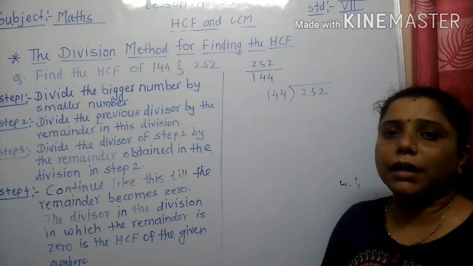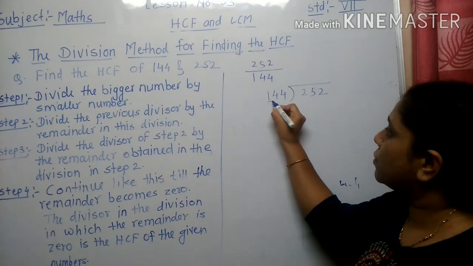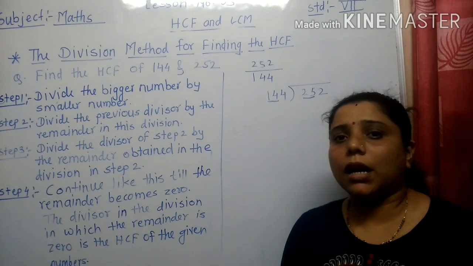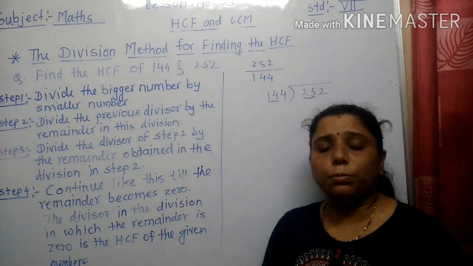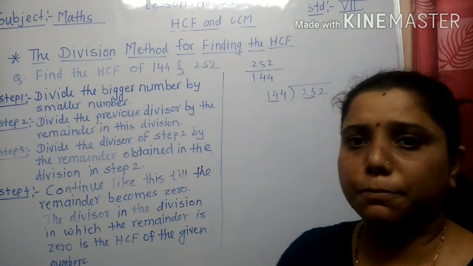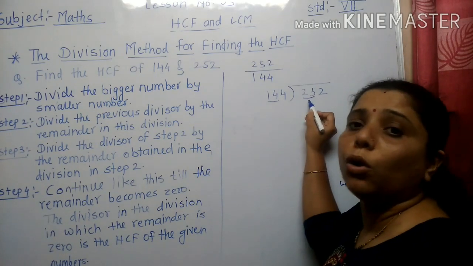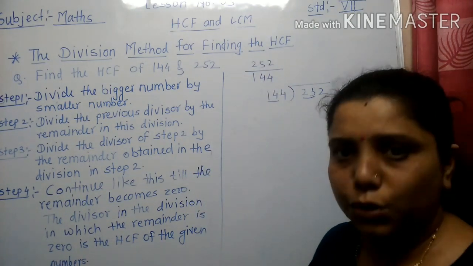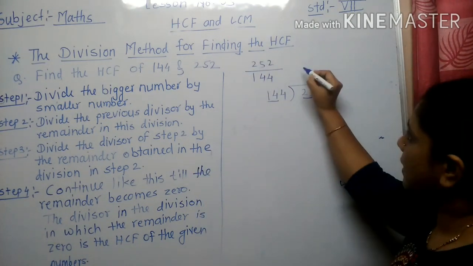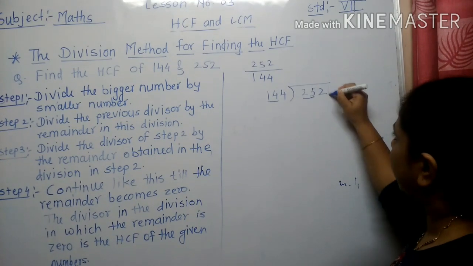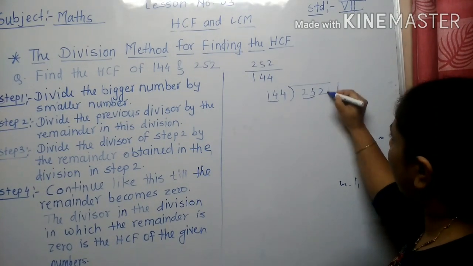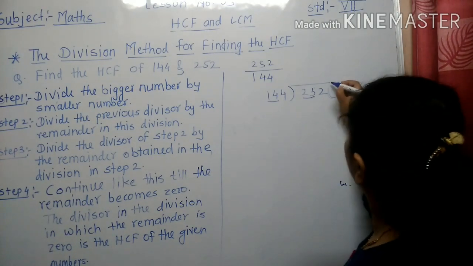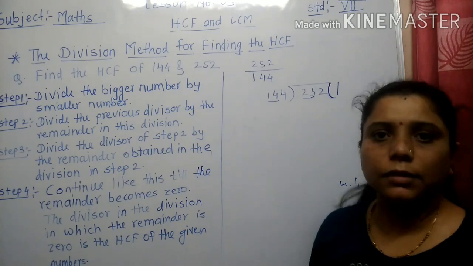So how to find out? You start with the first two-digit number. Here 14 twos are 28. So I can't give the division by 2, because when I divide by 2, the number will come more than this dividend. So I will take the previous number, which is 1. I am writing it on this side. So here I am giving the division by 1.